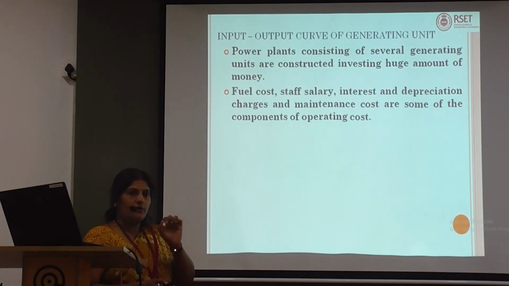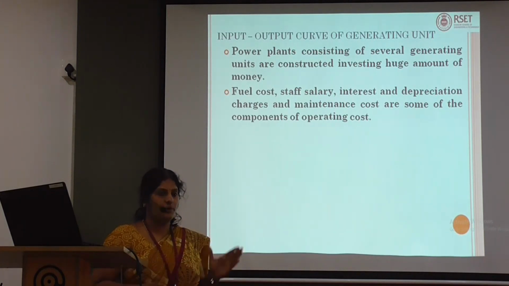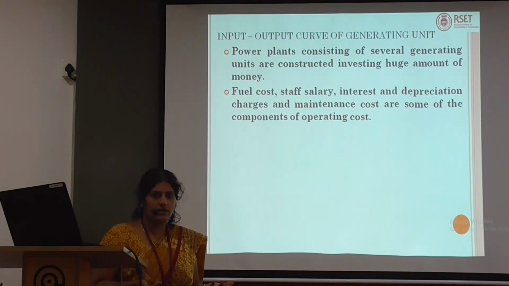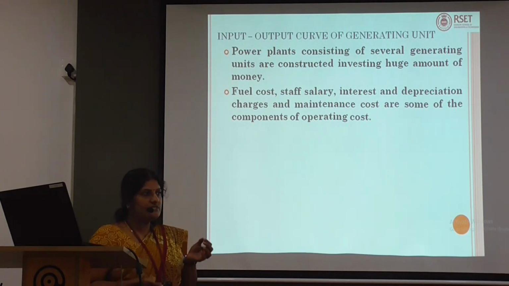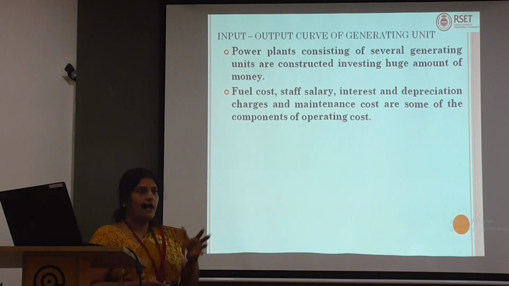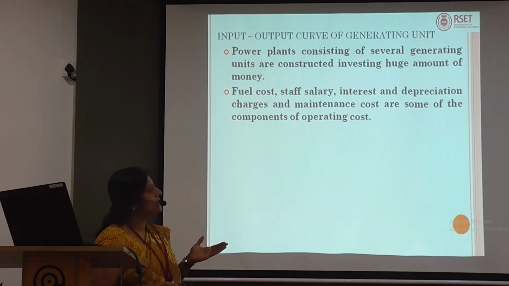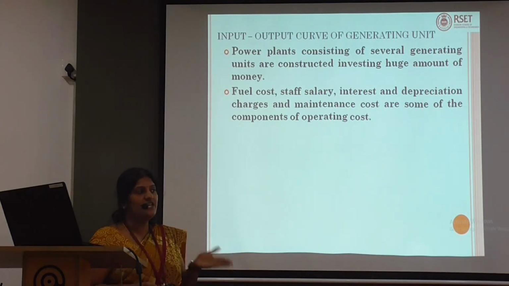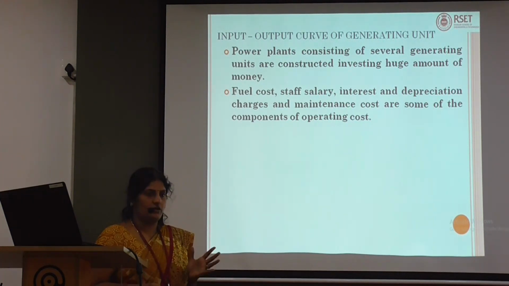We know that huge investment is made in power plants, be it hydro power stations, thermal power stations, or whatever be the type of power station. Mostly there is some initial capital investment on the power plant, and the other thing is the operating or running cost of the plant. Usually the fuel cost, staff salary, depreciation charges and maintenance cost form the major part of the operating cost.